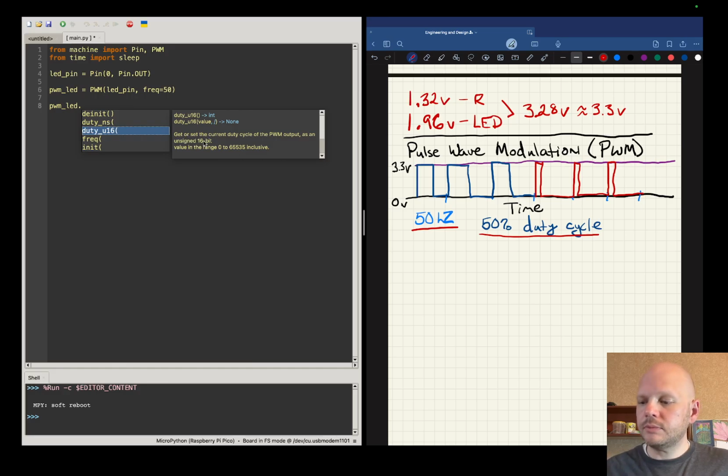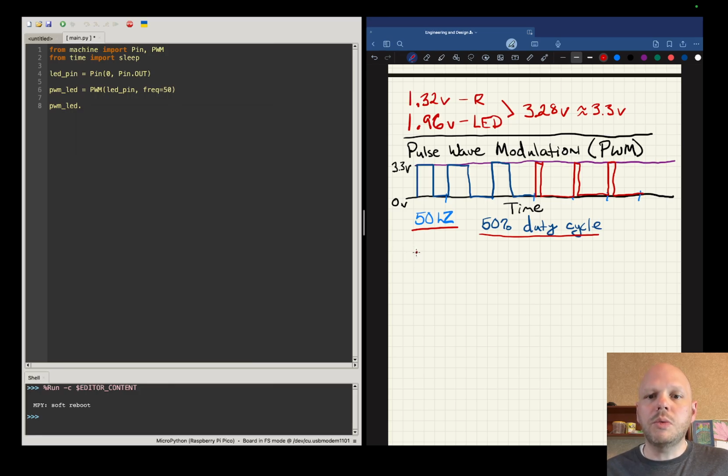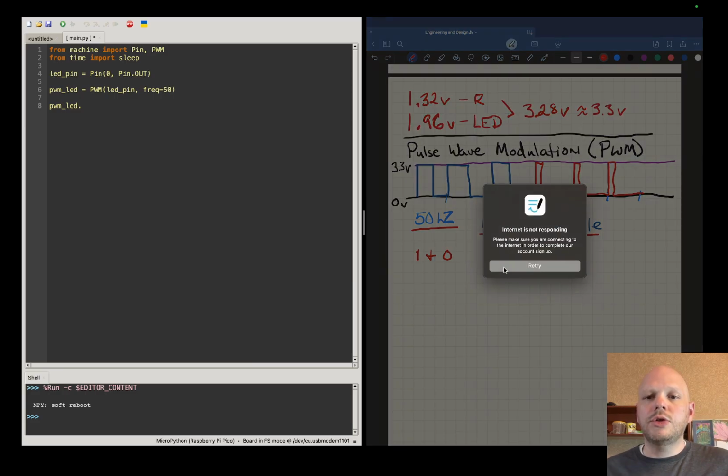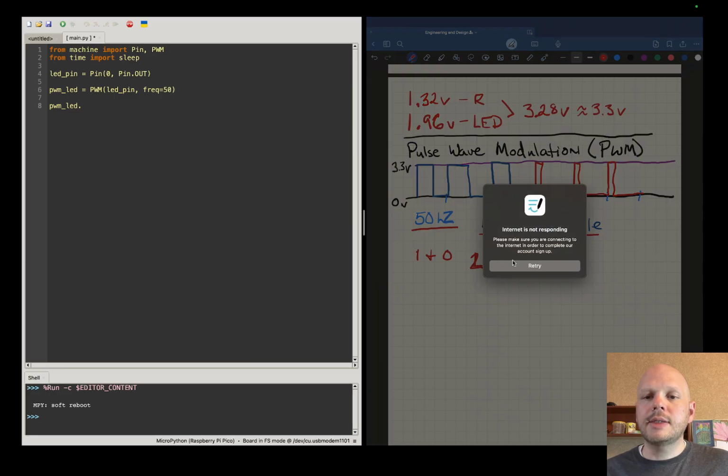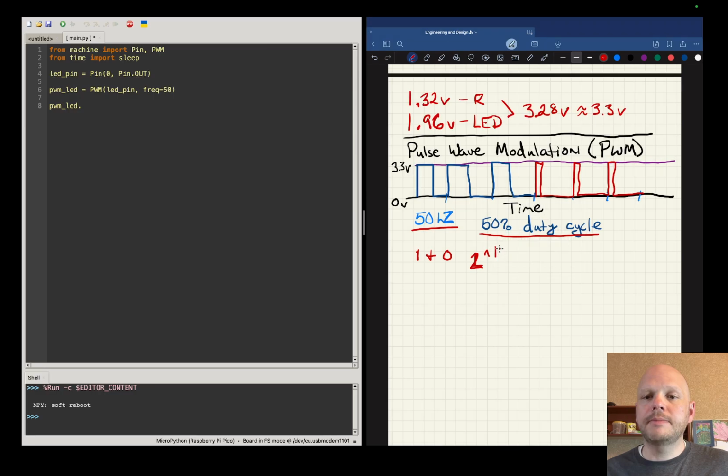Now, you need to understand that computers use ones and zeros. So there are two values in a bit, a 1 or a 0. A 16-bit value means that you take those two values, and that's raised to the 16th power.